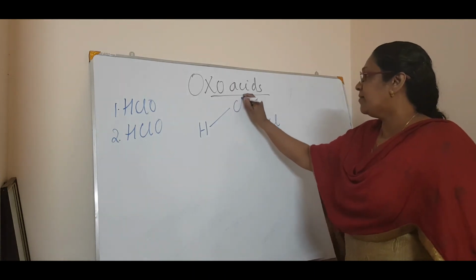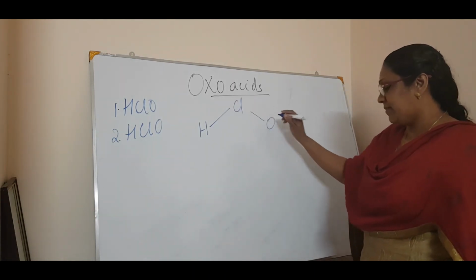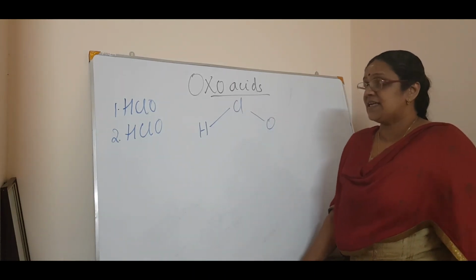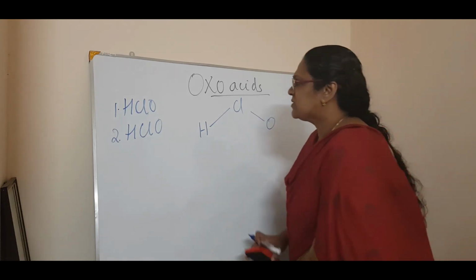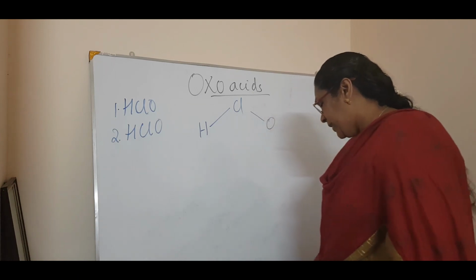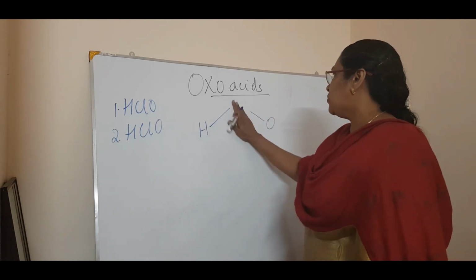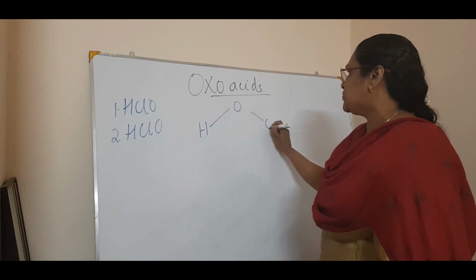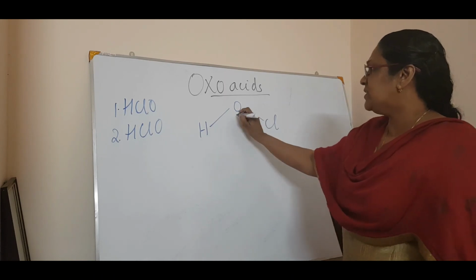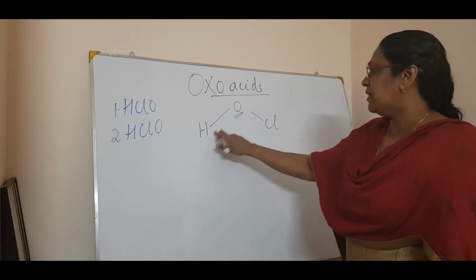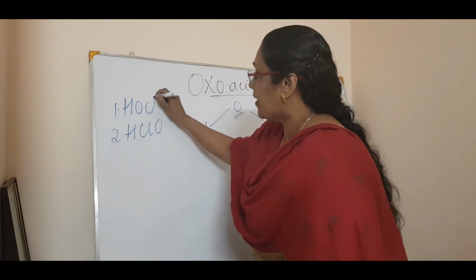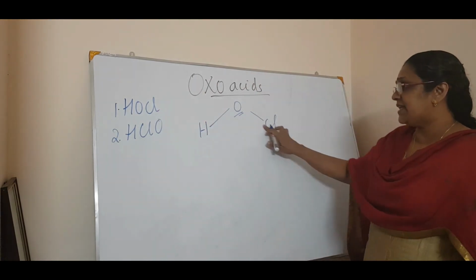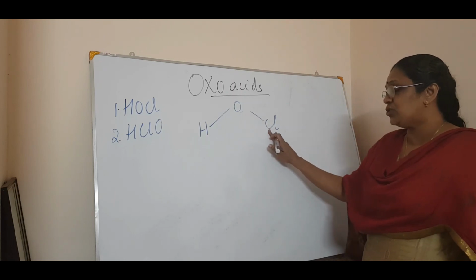Chlorine will be here and oxygen will be here. Oxygen is more reactive, no? So it must be, no, it is HOCl. Oxygen is highly reactive, so we might write HClO, but we will say HOCl. You just write it like that.